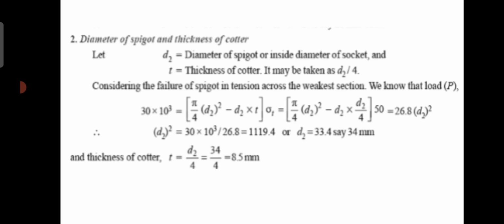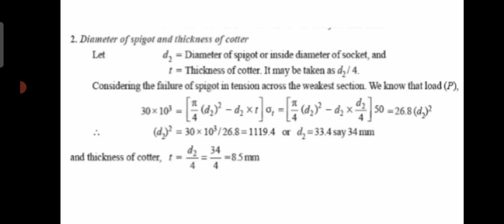Considering the failure of spigot in tension across the weakest section, we know that the load P equal to pi by 4 into d2 square minus d2 into t into sigma T. Load P is 30 into 10 to the power 3, and t we know is d2 by 4.